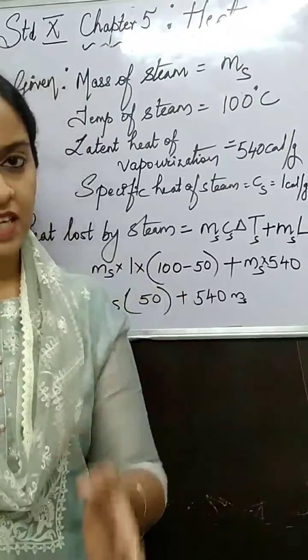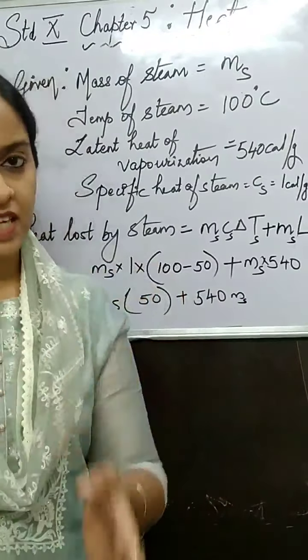It will get colder. Colder means temperature decrease. So again this will be 30 minus T. Understood? Now specific heat of liquid is given as 0.4 kilocalorie per kilogram.